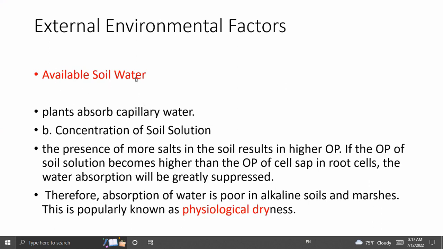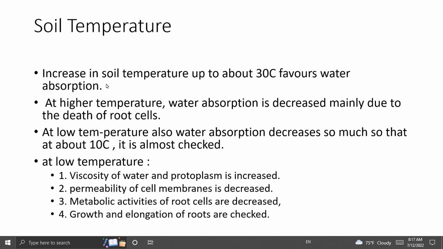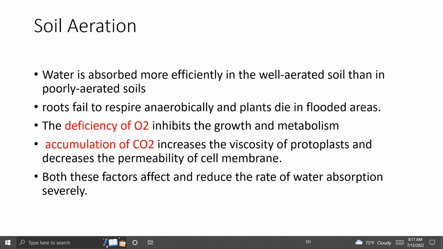Available soil water we have seen, concentration of soil solution we have seen, soil temperature we have seen. Now soil aeration. Two major gases play a major role in metabolism in plants. Generally, in well-aerated soil, absorption is more, because in less aerated soil, anaerobic respiration will take place.